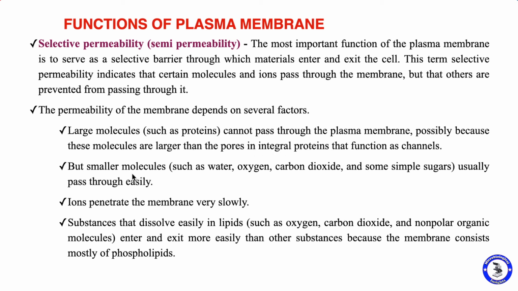Smaller molecules such as water, oxygen, carbon dioxide and sugars can pass easily because their size is small, equal to the size of the integral protein channel. But ions enter the plasma membrane very slowly. And substances which easily dissolve in lipids, such as oxygen, carbon dioxide and non-polar organic molecules, can easily enter and exit the cell.